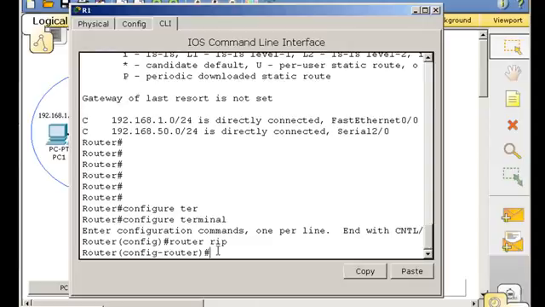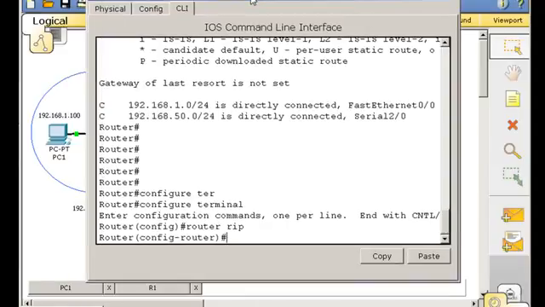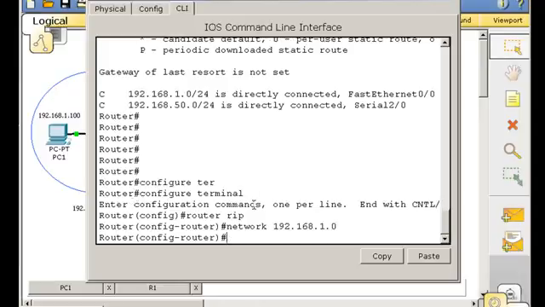Then what I have to do is tell the router about the networks that I want to participate in RIP. So I'll tell it about network 192.168.1.0, and then I'll tell it about the 192.168.50.0 network.